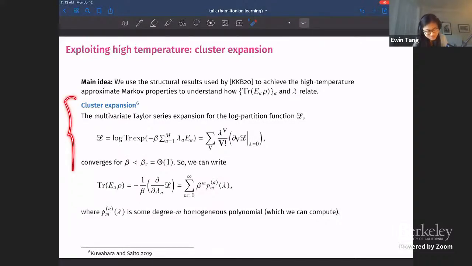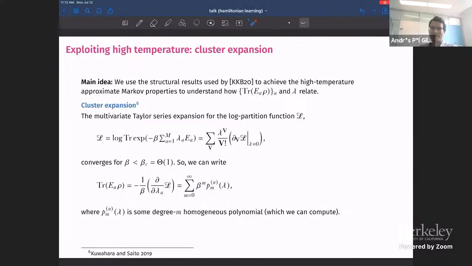So we use a similar analysis, and we just try to change it to get a Hamiltonian learning result. So you use the analysis rather than the result. Okay. Right.